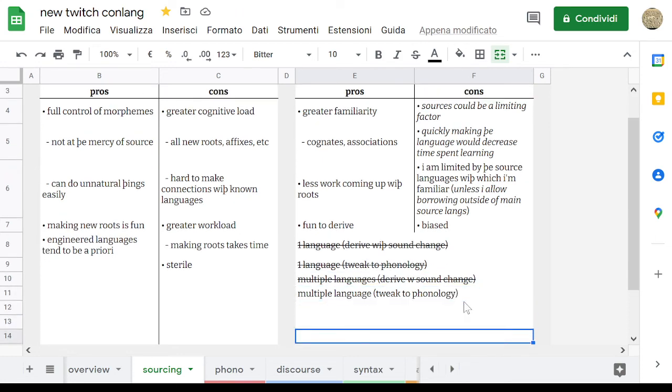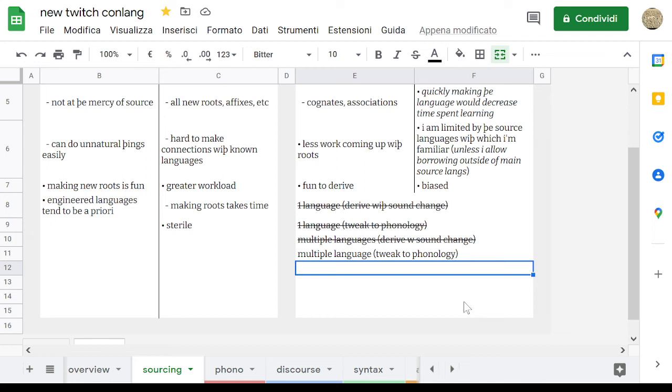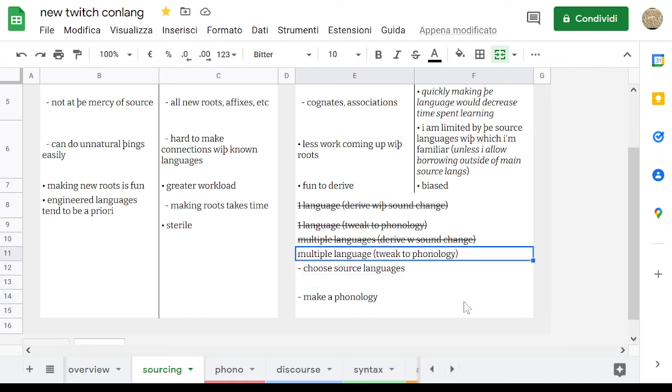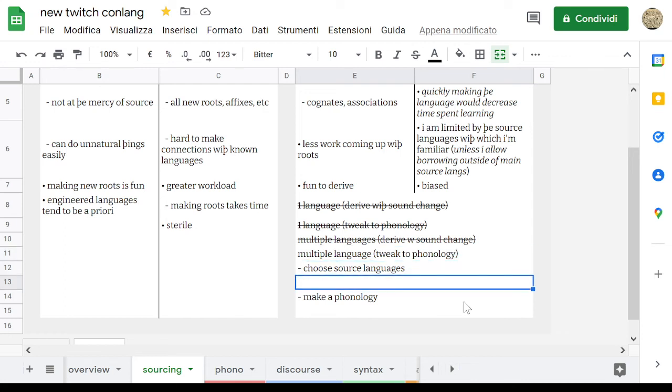So what I need then, the sort of steps then, are to choose source languages, and I need to make a phonology, a sound system that will capture maybe the sounds that a lot of these source languages will have to the point where they won't be too unrecognizable. They will have to be tweaked a bit to fit into my sound system, but I don't want them to be too unrecognizable, so I might need enough sounds so that the source languages are represented.